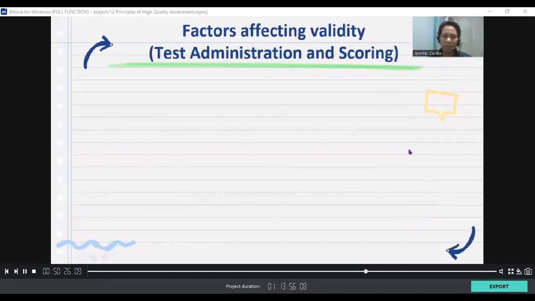Factors affecting validity in test administration and scoring. These are the factors that can affect validity.